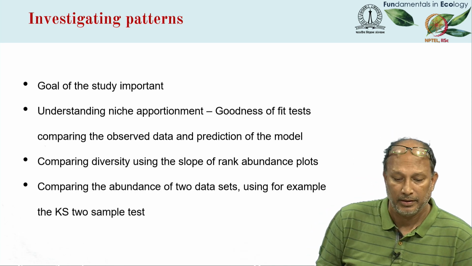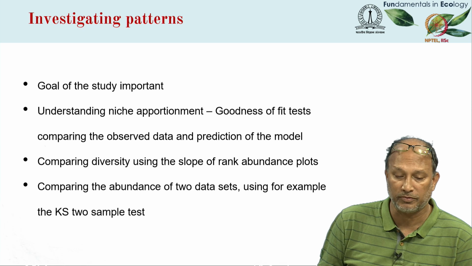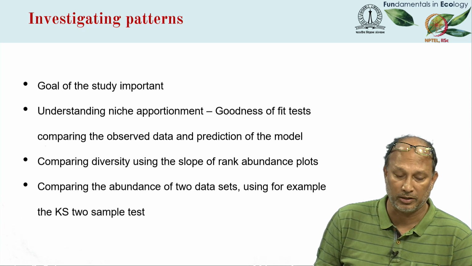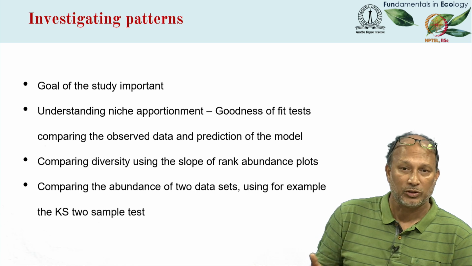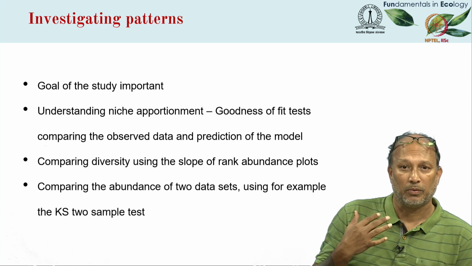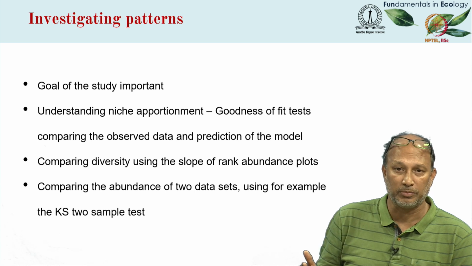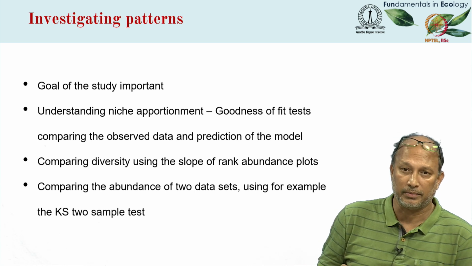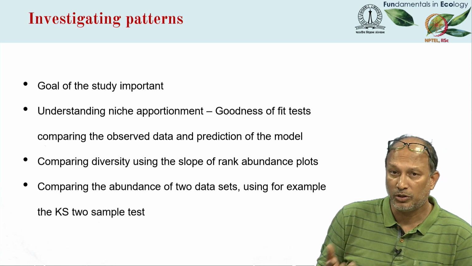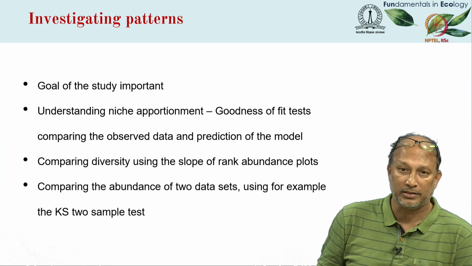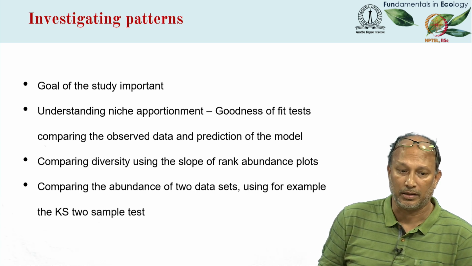People have compared the relative abundance of two data sets using, for example, the Kolmogorov-Smirnov two-sample test. So while there are different models and different statistical tools available, what we finally use, which approach, which metric, which model, is really determined by the goal of the study.